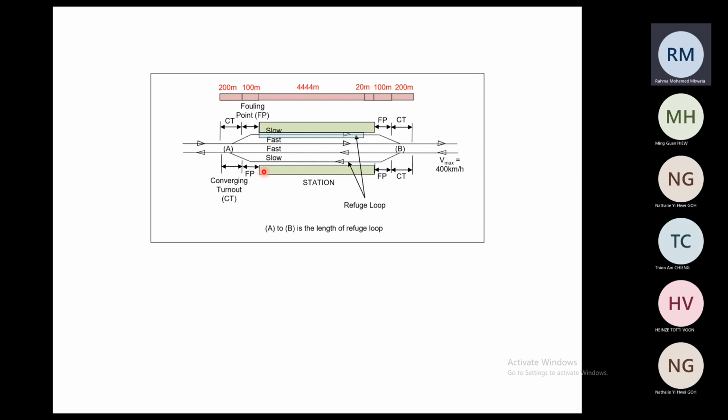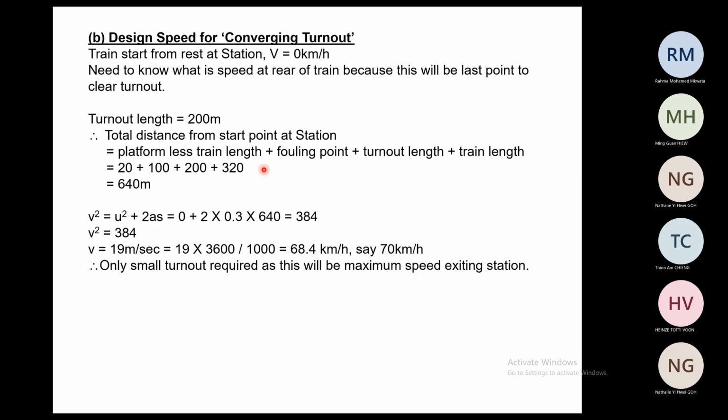So we have this difference of 20 meters, plus 100 fouling point. Then you have your turnout length. And then you have your train length, which is 320. So the train will need to clear a total of 640 meters to get back into the main line.